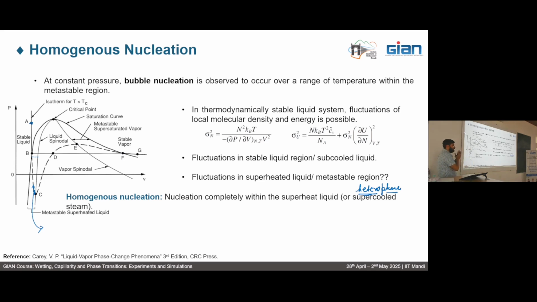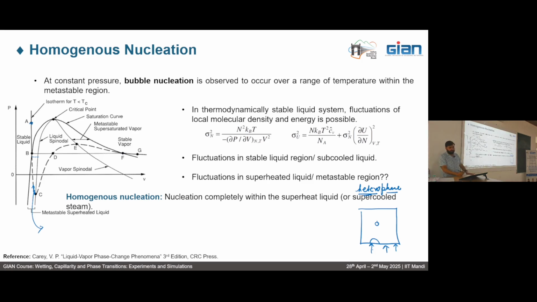We have one more kind of nucleation, called heterogeneous nucleation, which usually occurs on a surface. Let us suppose that we have a box here and we are heating it from the bottom side. In this case, we expect the bubbles to nucleate on the solid-liquid interface. But if we are able to localize the heat in such a way that there is no solid or flat surface present, then nucleation can occur in the bulk as well.